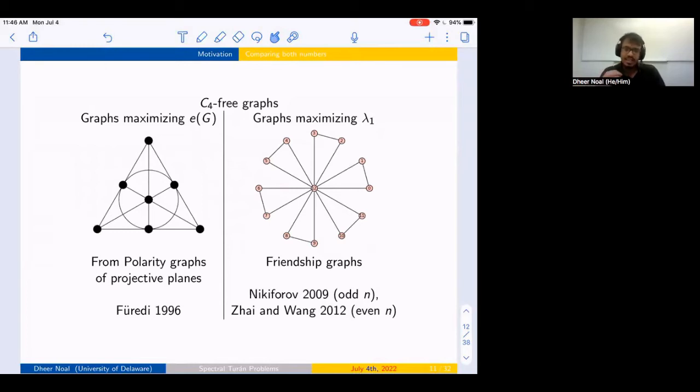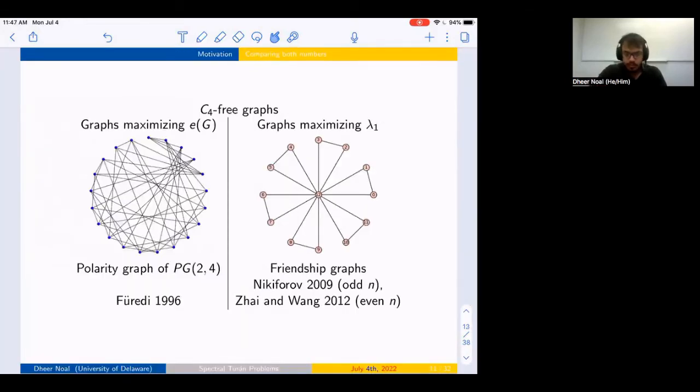But the Turán result comes from algebraically defined graphs, graphs coming from projective planes, specifically the polarity graphs of projective planes, when the number of vertices is good. So these graphs look really regular, while our friendship graphs are extremely irregular in some sense.